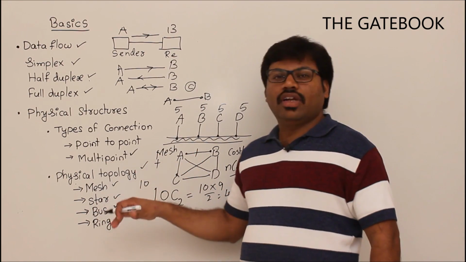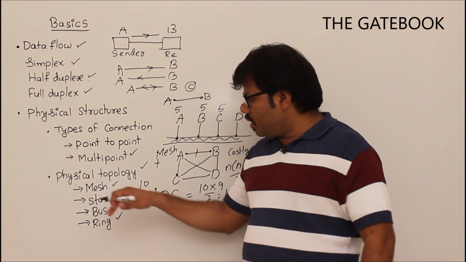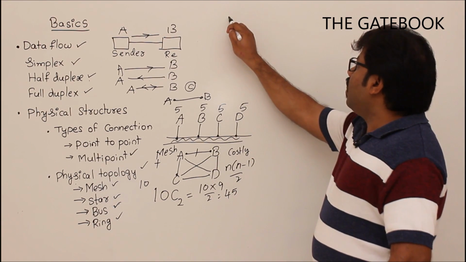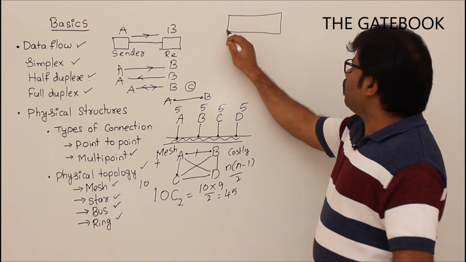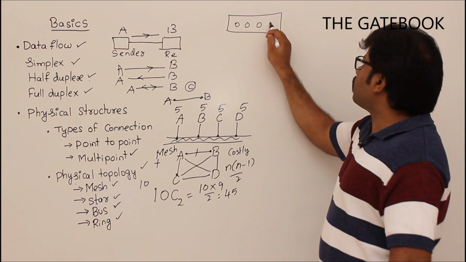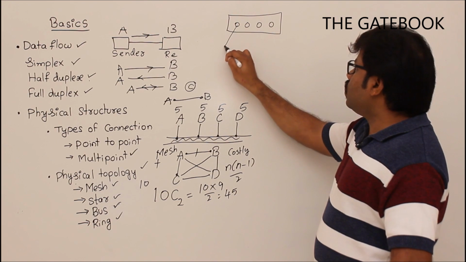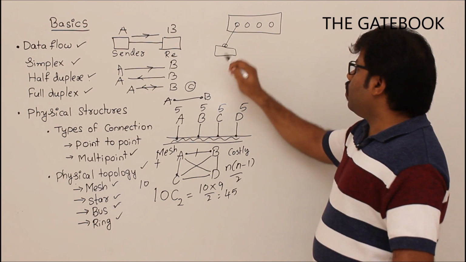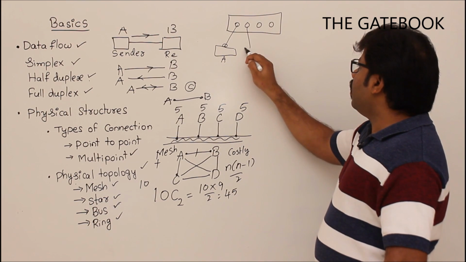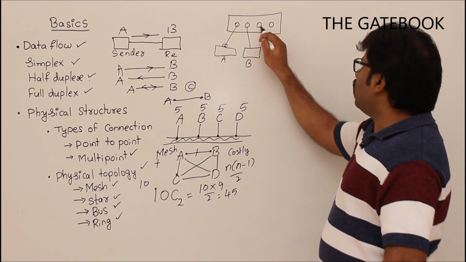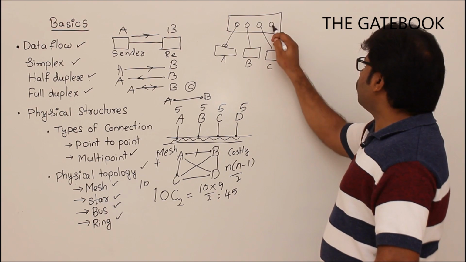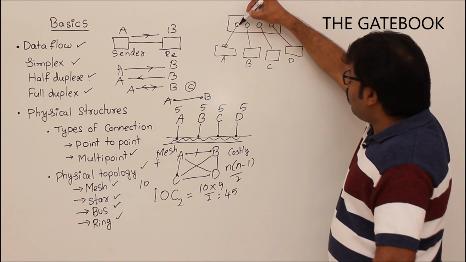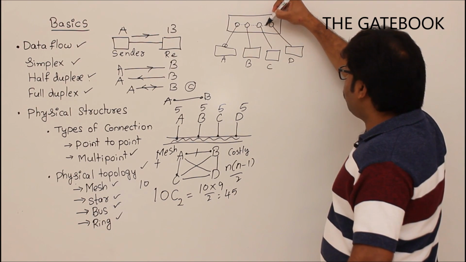So that's why we go for another technology, that is star topology. In star topology, what happens, we'll see. There will be a hub like this. Hub will have ports. Each port is used to connect one device like this. A will have port here. So this port and this port will be connected. A, here B, here C and D. So here you can imagine communication cable.